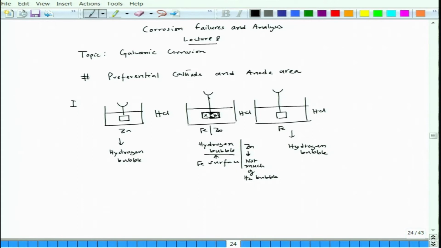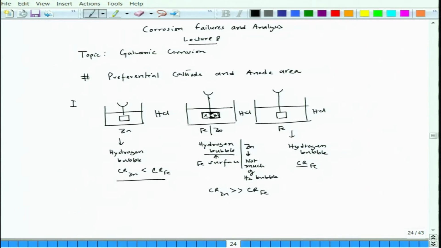Interestingly, it might be possible that the corrosion rate Cr of zinc alone, compared to iron, might be less than the corrosion rate of iron. But once we join them, we see that the corrosion rate of zinc in this coupled case is very high as compared to the corrosion rate of iron.